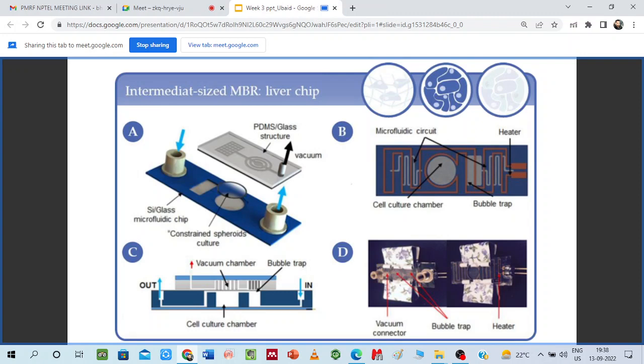These microfluidic systems have the advantage that optimal mechanical force can be used so that the normal physiology can be exactly simulated.